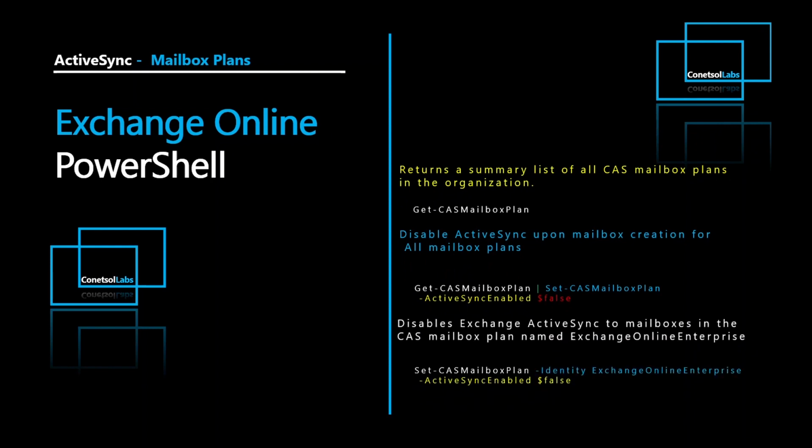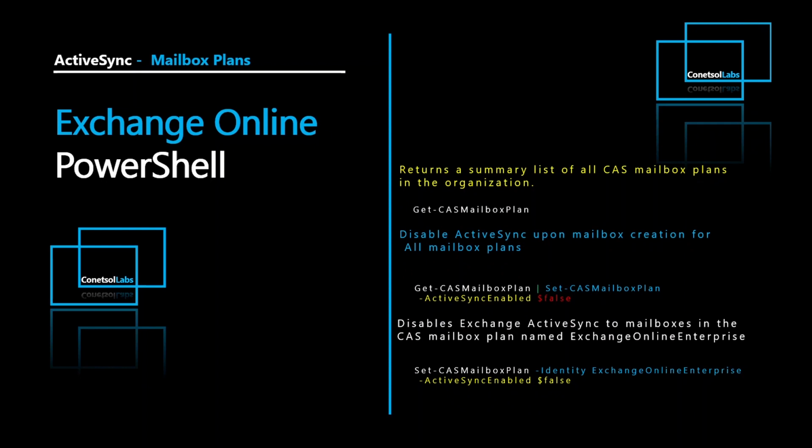We can also disable ActiveSync for a specific mailbox plan. In this example, this command will disable the ActiveSync protocol for the Exchange Online Enterprise plan only.